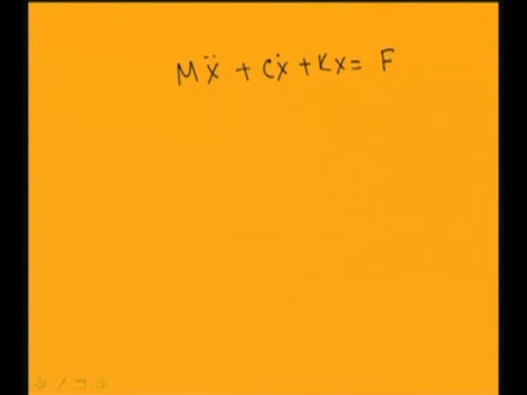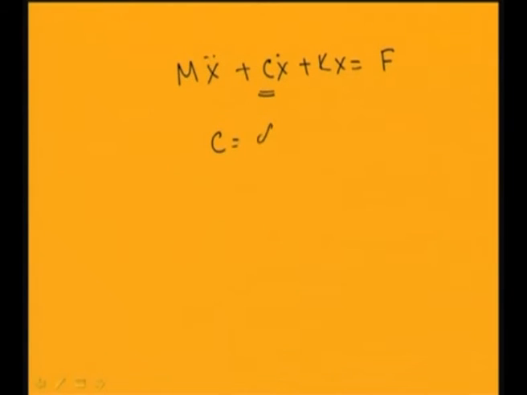Generally, while solving a multi degree of freedom system, this C matrix, the damping matrix, is written as alpha m plus beta k. So it is divided into two parts, one alpha m and the other beta k.